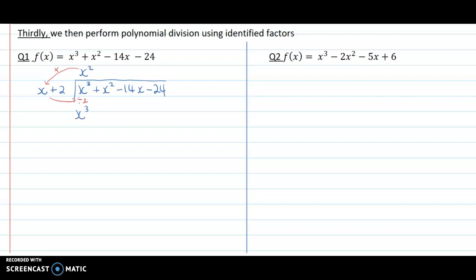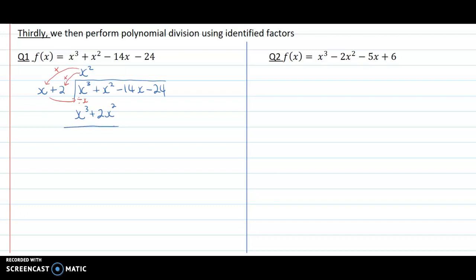And this is where it's a little different when you cycle back. You also check x squared times 2, which will give me plus 2x squared.